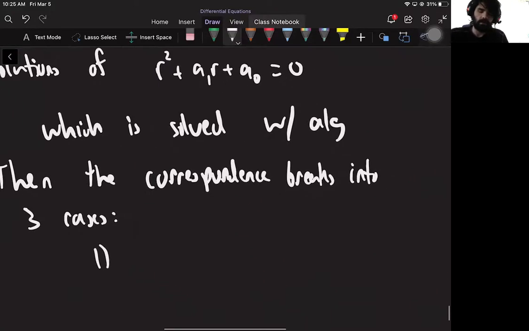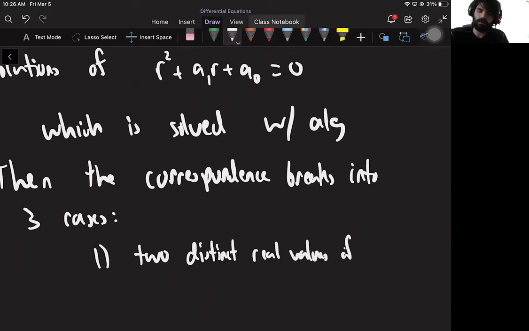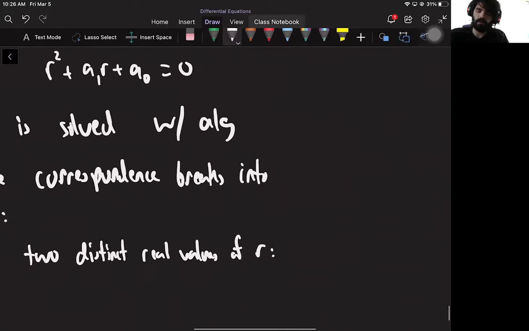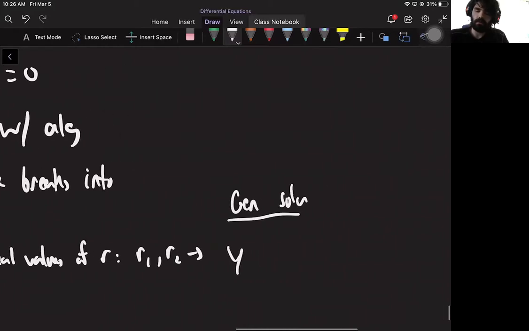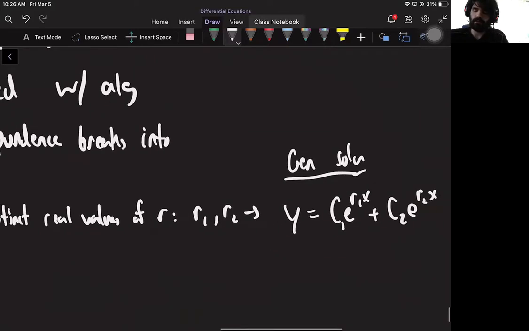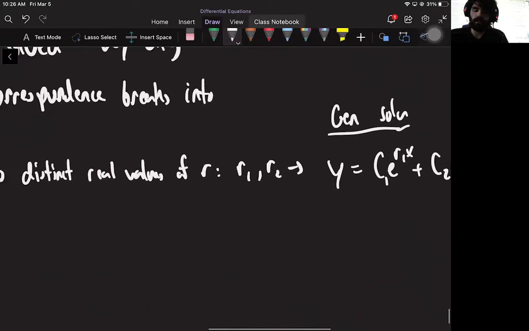The first case is if there are two distinct real values of r. If you call them r1 and r2, then your solution looks like C1 e to the r1 x plus C2 e to the r2 x. So you find your two values of r, stick them in there, and then you're done. That's the answer.